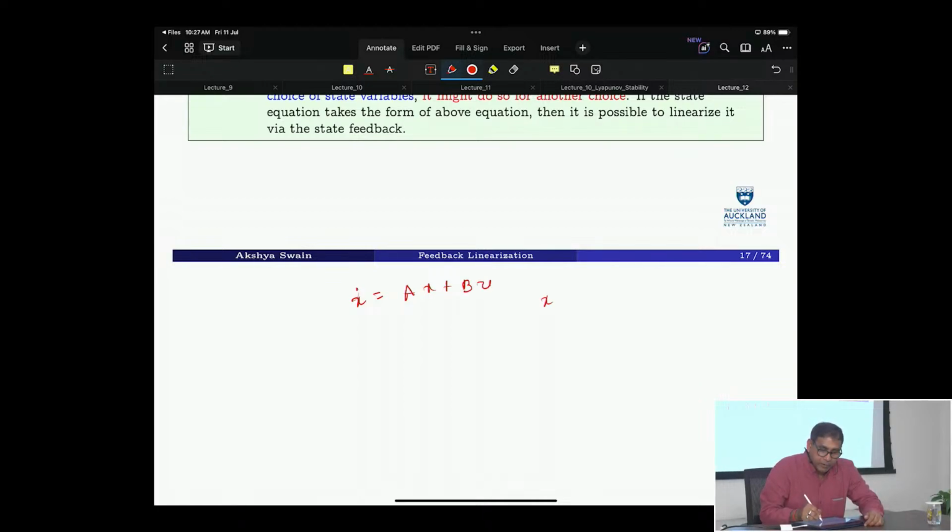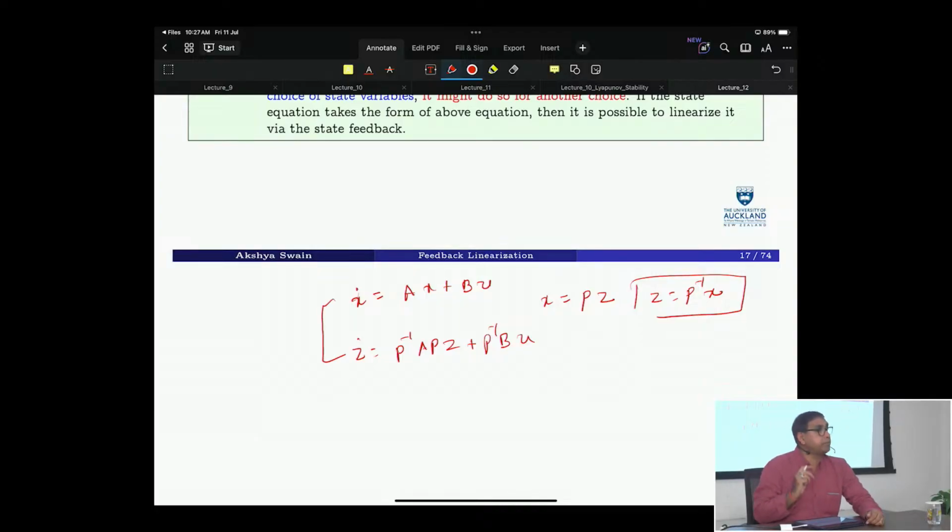You can define another variable, x is equal to pz, or z is equal to p inverse x. So z dot will be p inverse apz plus p inverse bu. The same system can be represented by this, where p is a constant full rank matrix.